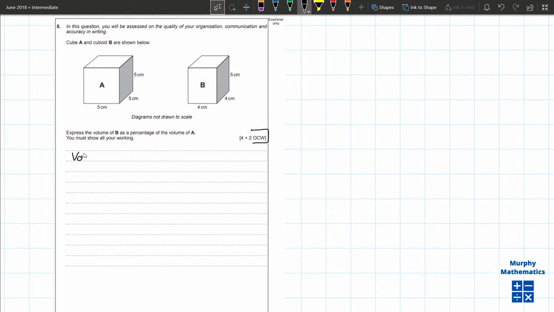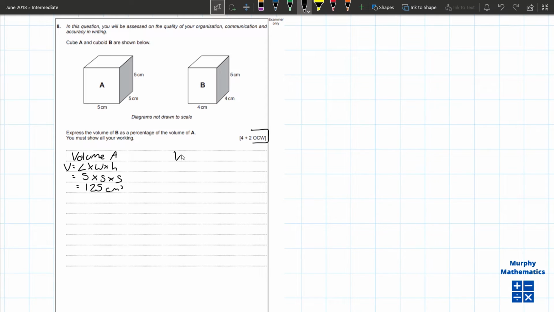So we'll do volume of A first, and we know to find the volume of a cuboid, volume equals length times width times height. So that's just going to be 5 times 5 times 5, which, putting that into a calculator, you'll get 125, and because we're dealing with volume, we've got centimeters cubed.